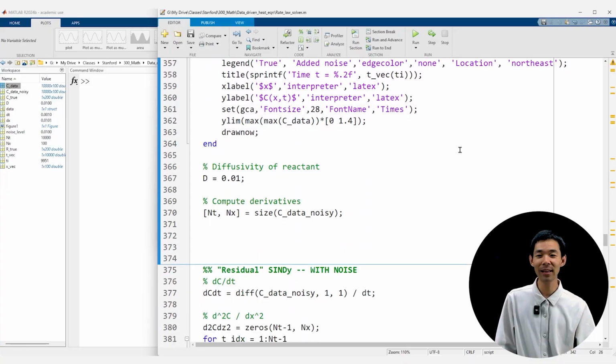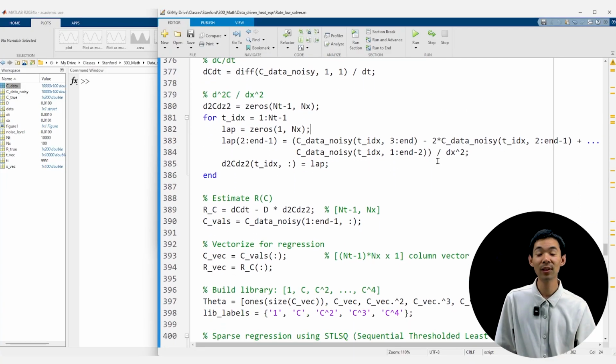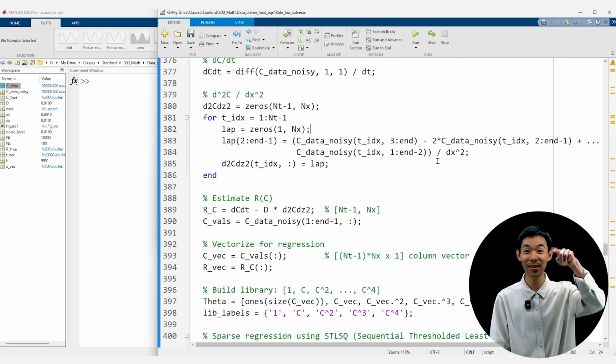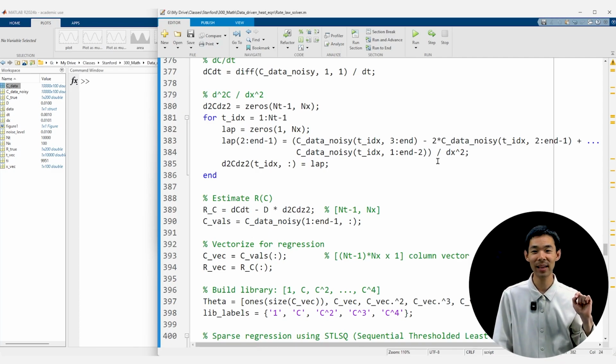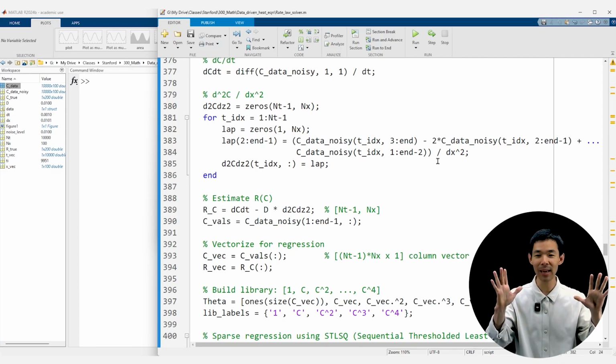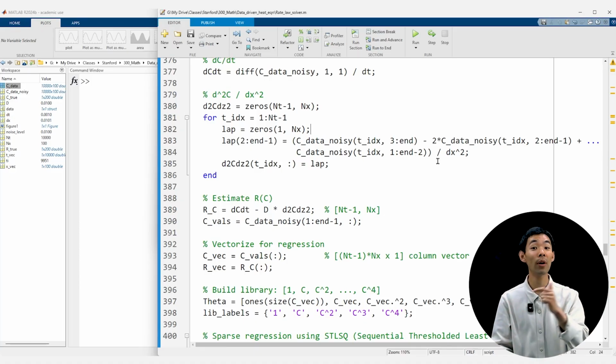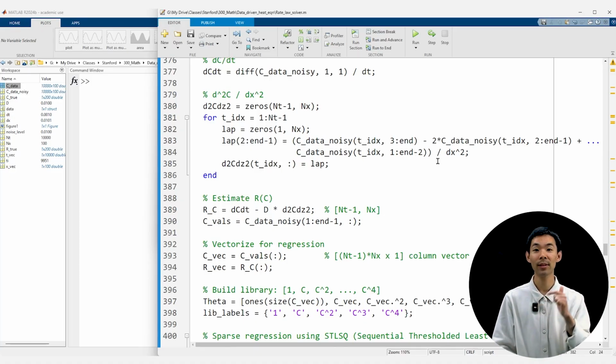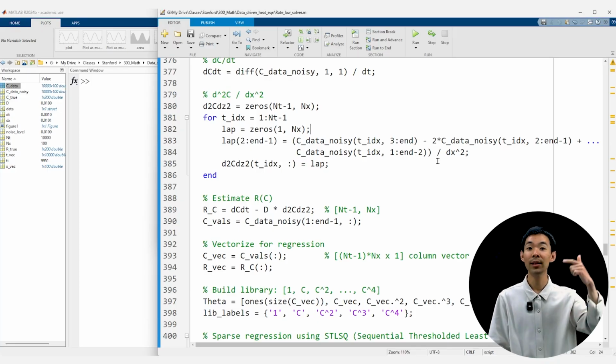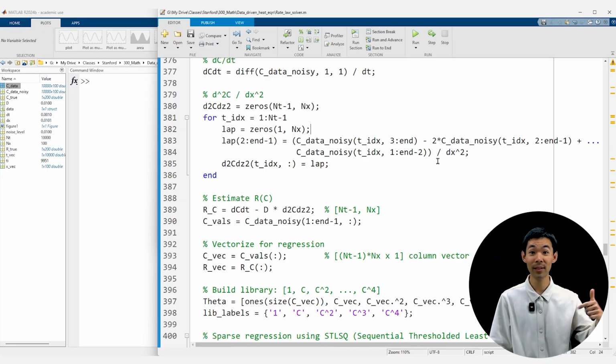All right, so then now let's try the sparse regression on that added noise data set using the exact same regression that I showed you earlier that worked so well. Okay, so this is a sparse regression based on sequential thresholding, least squares.